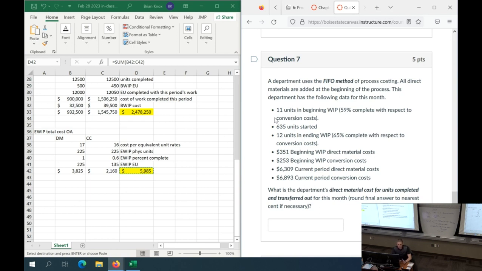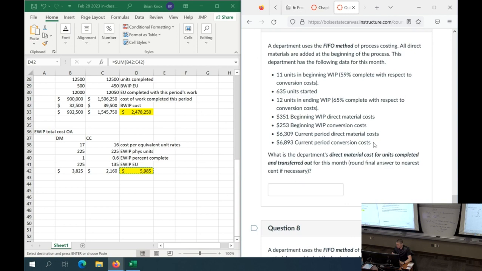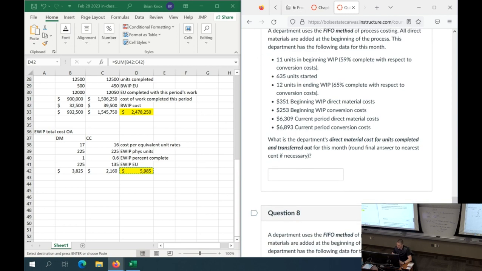So dig back, real far back to last week. So you can do FIFO step 1 and step 2, because that's what this one is asking for. Doesn't have rates in it yet, but it's asking for direct materials cost of units completed and transferred out.